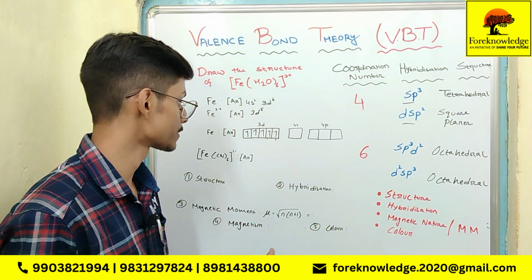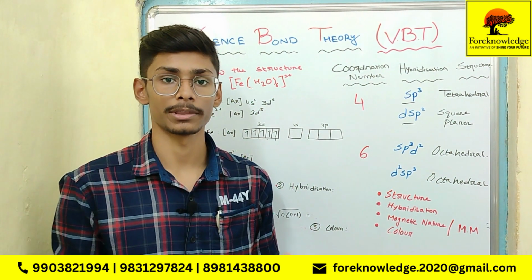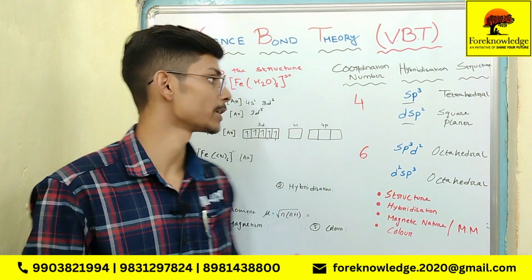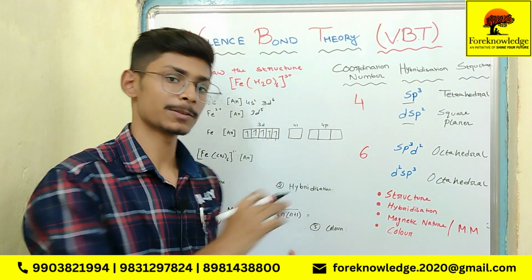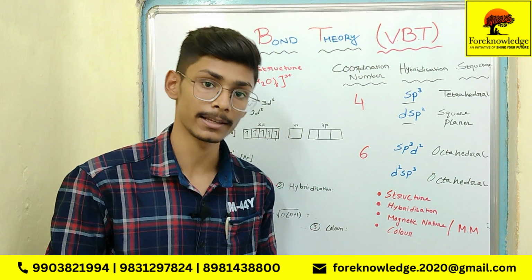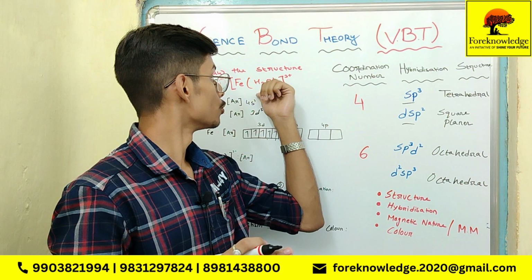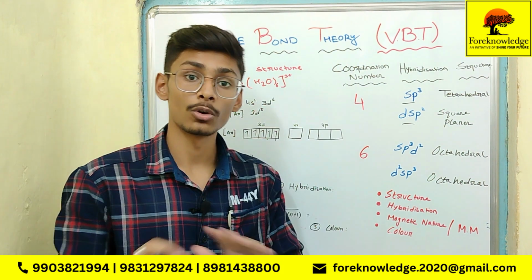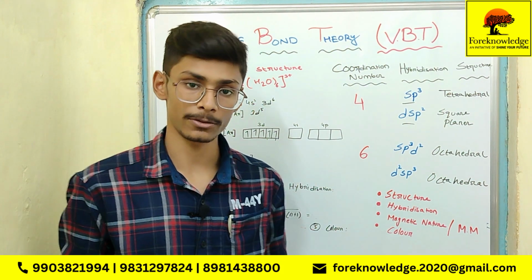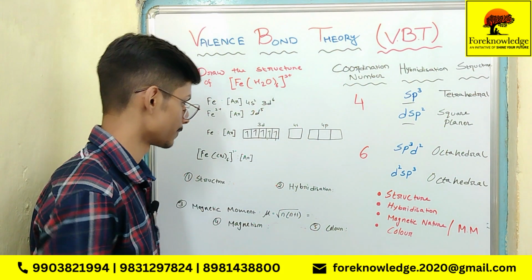Now the question is whether there will be any pairing of electrons. No, there will be no pairing of electrons because a weak field ligand is present. So you have to keep in mind that if a strong field ligand is present, then pairing will take place, and if a weak field ligand is present, then no pairing of electrons will take place. This is one of the most important things in valence bond theory. So I am doing it here.